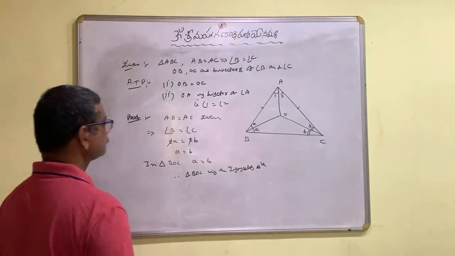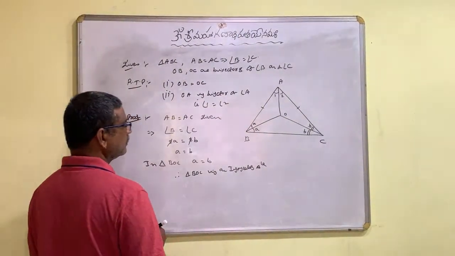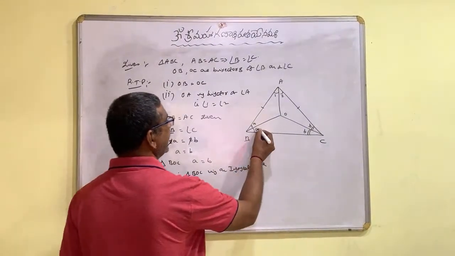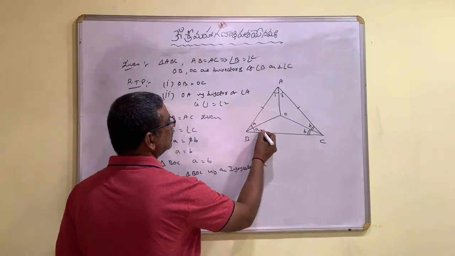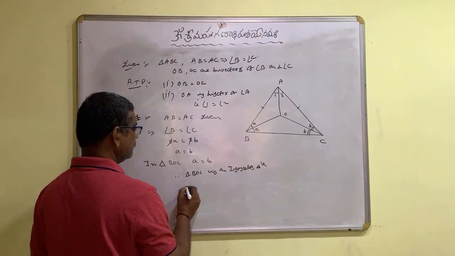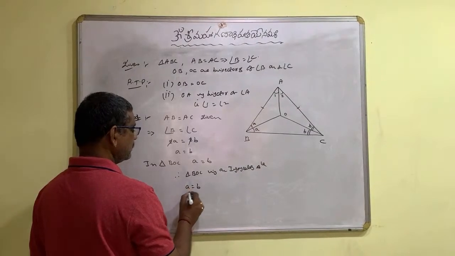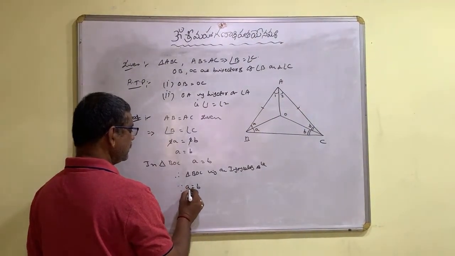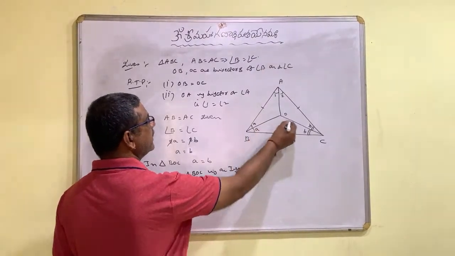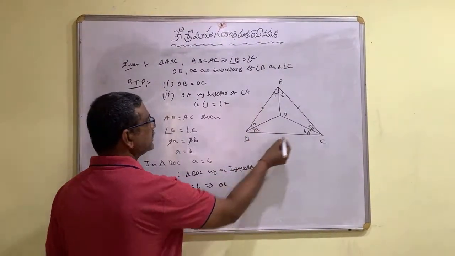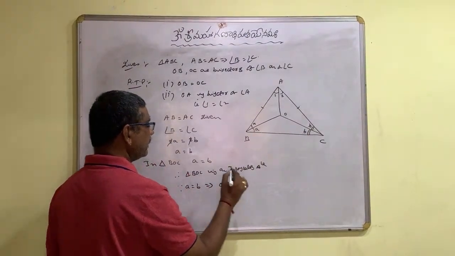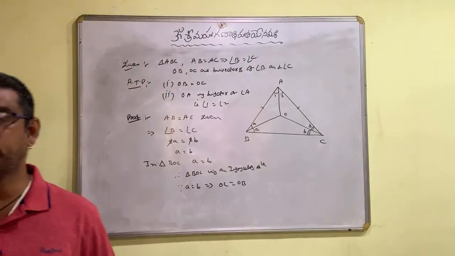Now, since this angle is equal to this angle, since A is equal to B, the side opposite to angle A is OC, and the side opposite to angle B is OB, they are equal.